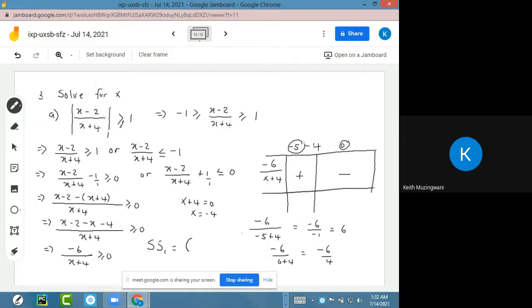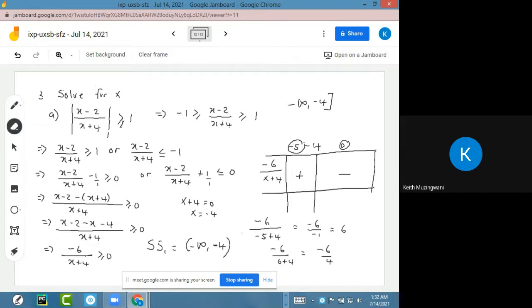So we'll get from negative infinity all the way up to negative 4. But because it's greater or equal to, it includes the numerator if there was a critical value in the numerator. Now there's no critical value in the numerator, so it will still be open. We would have written negative infinity, comma negative 4 closed if negative 4 was not coming from the denominator.